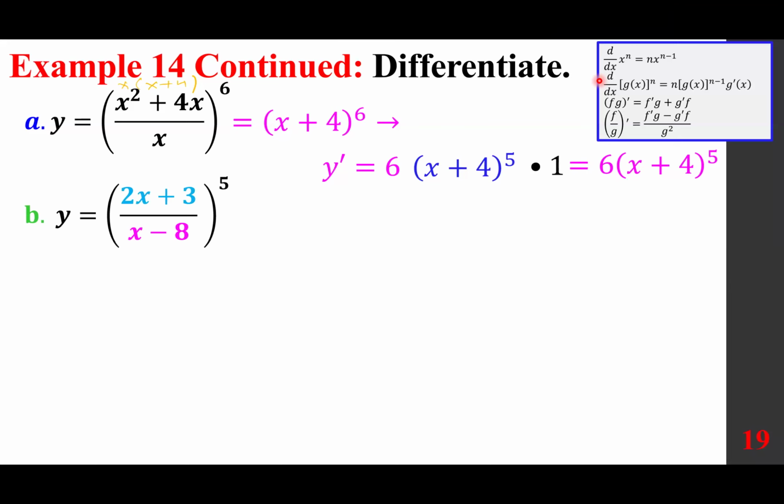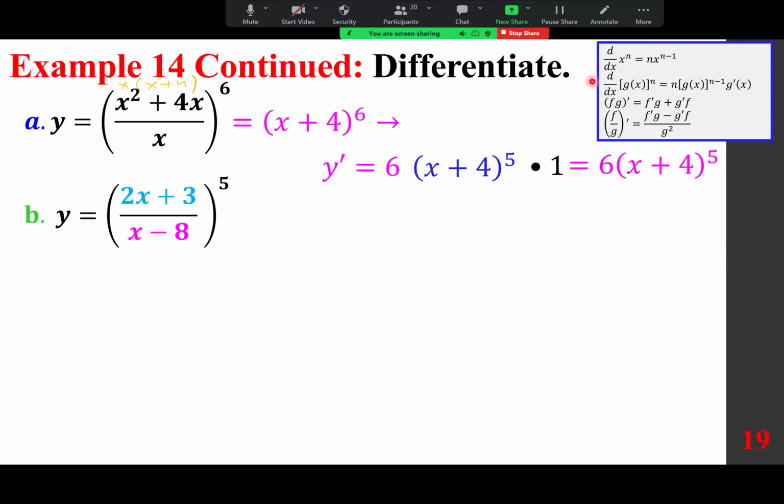Y equals 2x plus 3 over x minus 8 to the power of 5. We are going to use the extended power rule in conjunction with the quotient rule. So first and foremost, we need 5. Then we need the same thing to the power of 4. F over G, we are going to use the quotient rule.